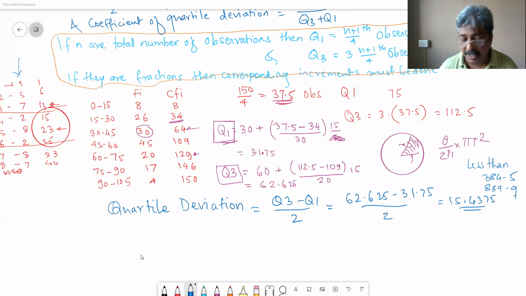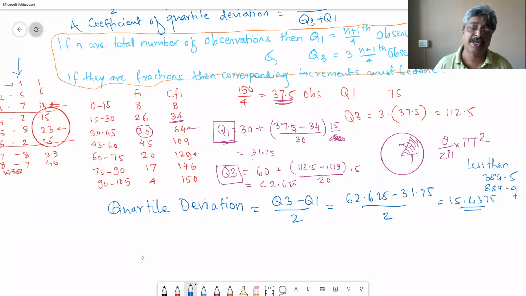But the problem is you do not have specific information about these 30 frequencies, how they are distributed in 30 to 45. So we are assuming they are evenly distributed. If they are evenly distributed between 30 to 45, then what is the number at 37.5, the first quarter?